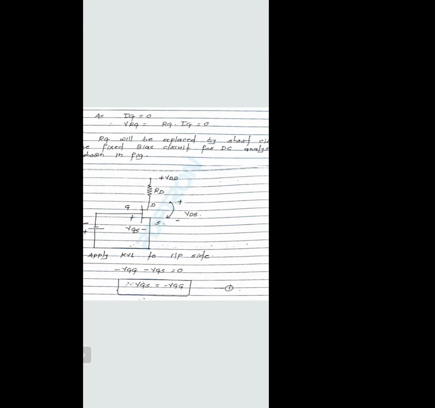This is with respect to your output side. Here, plus VDD minus ID into RD minus VDS equals 0. Taking this equation with respect to VDS, VDS going to the other side, so VDS equals VDD minus ID into RD. This is the equation for the output side.